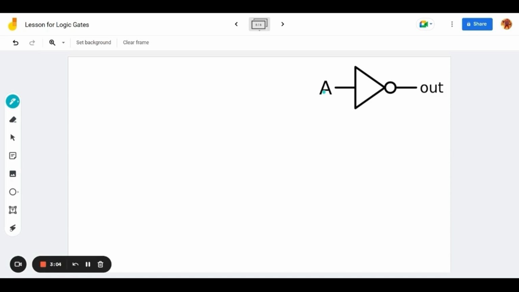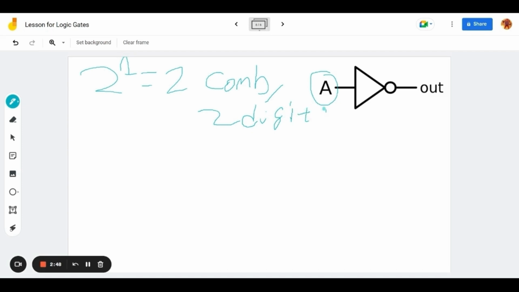Now you see that there's one input here. So we would do 2 to the power of 1 equals, you guessed it, 2. There would be two combinations, meaning we would count to 2. That makes sense, because when we're making the truth table, all we need is one value, representing 1.